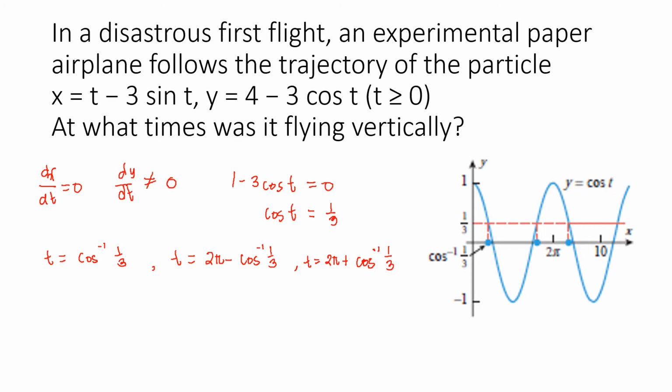Since dy over dt equals 3 cosine t is not 0 at these points, it follows that the airplane was flying vertically at t approximately equal to 1.23, t approximately equal to 5.05, and t approximately equal to 7.51, which again is consistent with the graph. This is the graph.